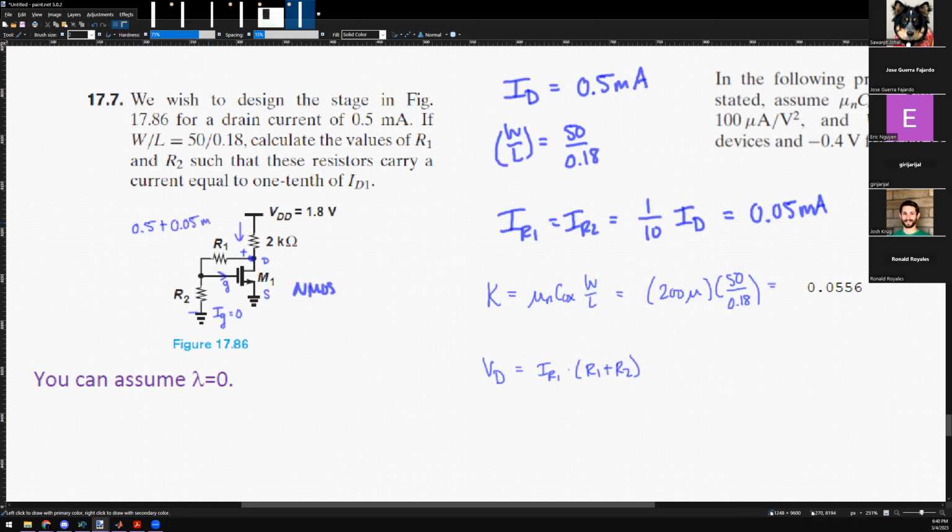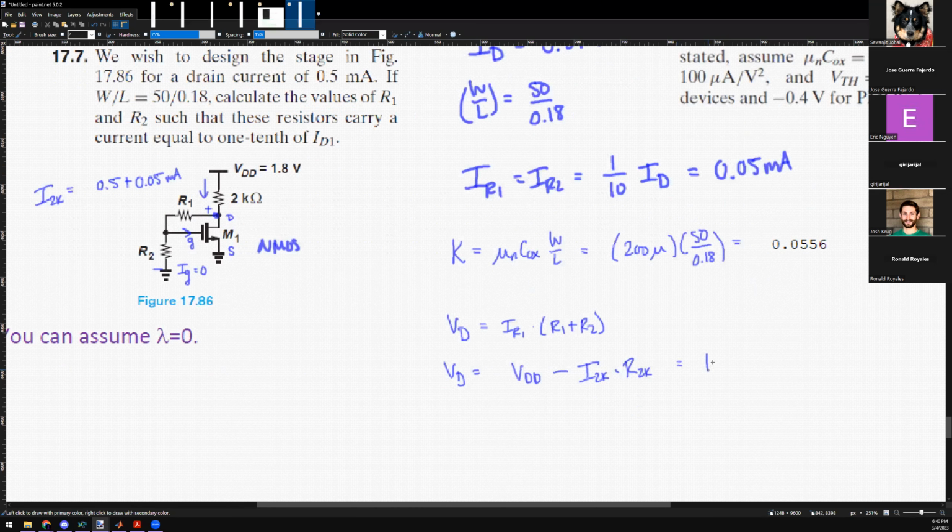Because you know this current here, you know the current this way, so we just do KCL here. Would you guys agree? So the current in the 2K resistor is that much. VD is also equal to VDD minus the current in the 2 kilo ohm resistor times the 2K resistance, yes?